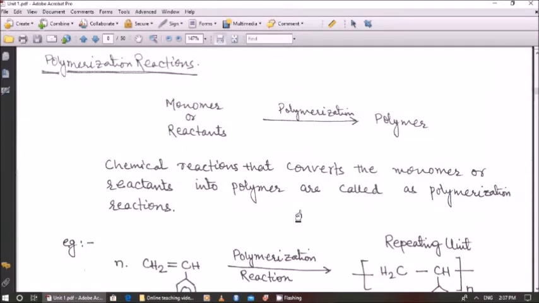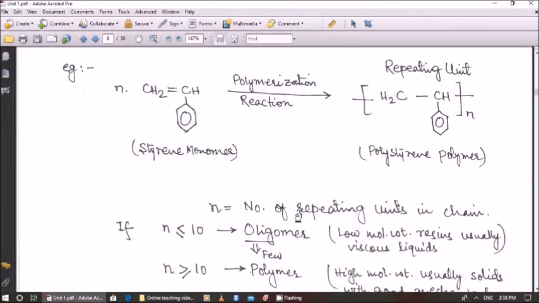Now coming to the polymerization reaction, monomer or reactant can polymerize to form the polymer. So we can say the chemical reaction that converts the monomer or reactants into polymer are called polymerization reaction. We have already seen the example of styrene monomer converting into the polystyrene.